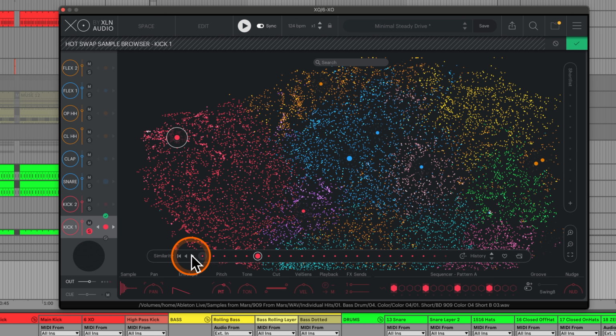These are all the new kicks. Yeah, that one's quite good. If we compare that to the original, I think I prefer the original.